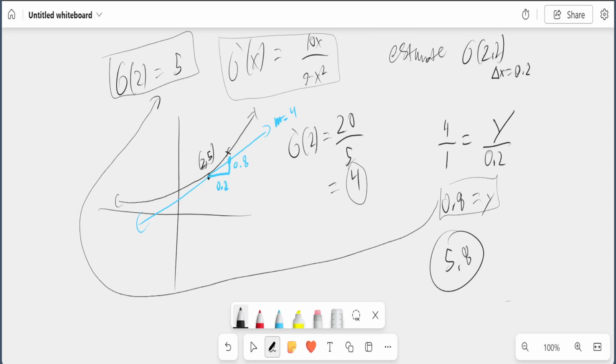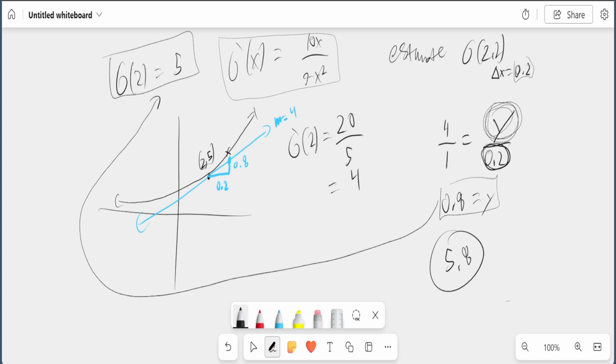So that means for every 1 we go out on the x, we go up 4 on the y. So if we go out 0.2 on the x, which is how much we're going out compared to our original point, I'm basically making this equation to say how much we're going up on the y.